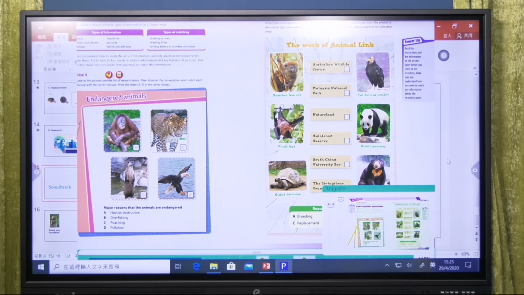Have you looked at the homework project about Animal Link yet? Yes, I've just finished it actually. So, what exactly does Animal Link do? It acts as a link between different zoos so that when one zoo has too many baby animals, for example, it can send them to another zoo. Are you looking at the Animal Link website? I am now. Okay. Do you see the photo of the bamboo lemurs?